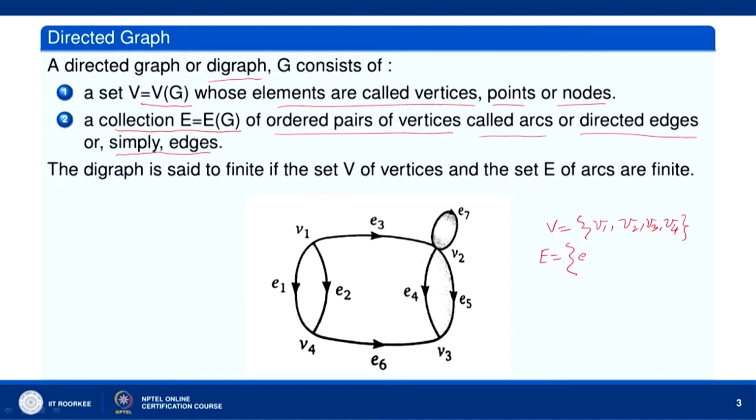Let us begin with E1, E1 joins V1 to V4. So, E1 equal to V1 V4, E2 equal to V1 V4, E3 equal to V1 V2, and E4 is V2 V3.